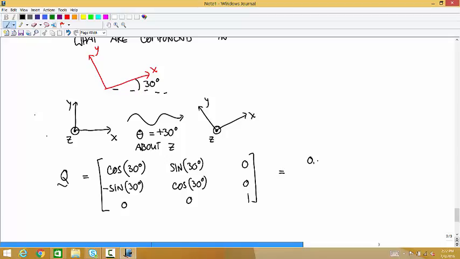And that's the same thing we got before, 0.866, negative 0.5. I'm reading off the columns here for some reason. Second column is 0.5, positive 0.866, 0, and then 0, 0, 1.